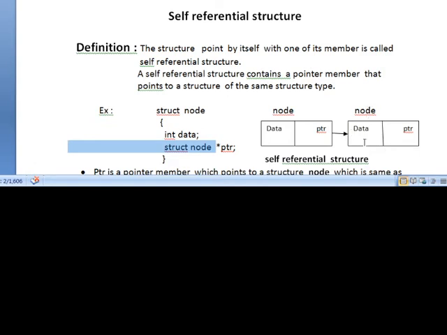Here node is a structure, and this particular node pointer points to the same structure node again. That means the address of the next node is available in the reference or pointer field of the present node. This is called a self-referential structure.